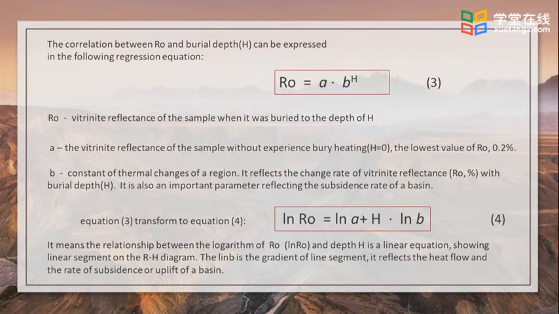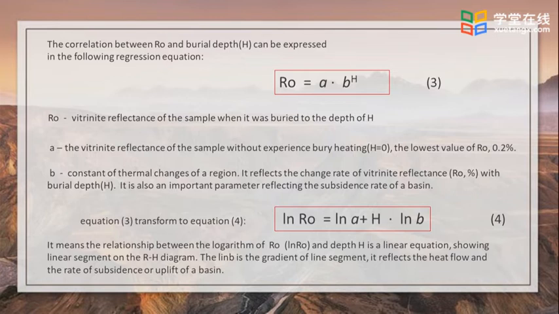B here is a constant of thermal change of a region, and it reflects the change of vitrinite reflectance RO with burial depth, and it is also an important parameter relating the reflectance with the subsidence rate of the basin.